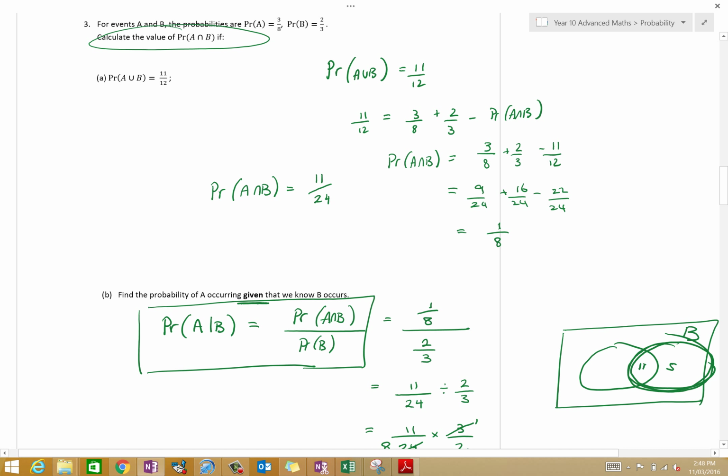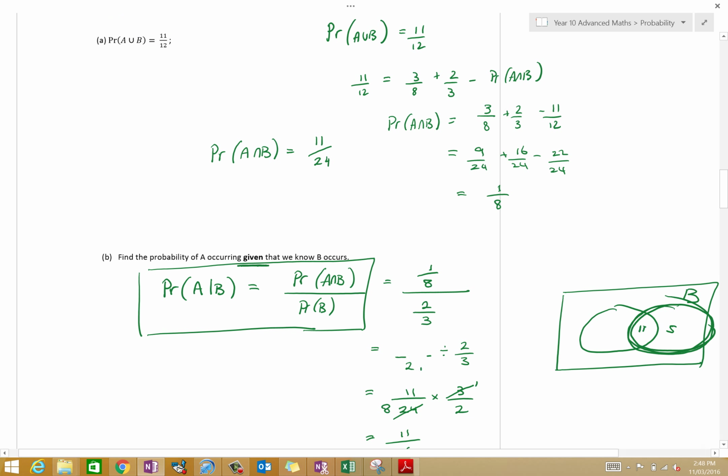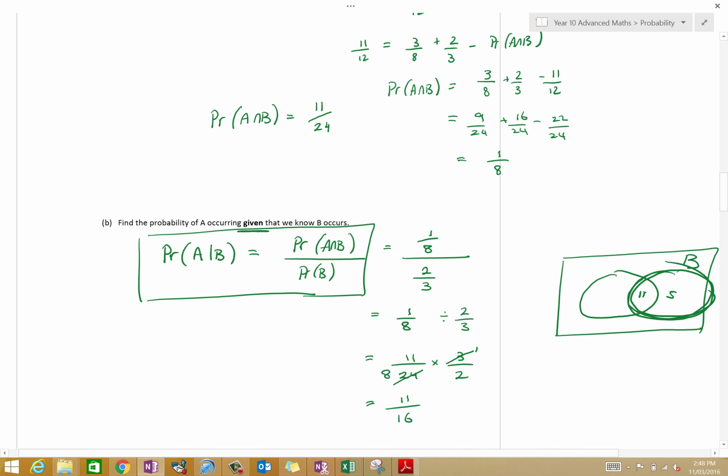Sorry, I just grabbed that from last year's solutions. I didn't work my way through it. So let's do that. That's going to make our life easier. 1/8. And let's do that again, shall we? So we've got 1/8 times 3 over 2. So the answer is 3 over 16, yes? Okay, thanks for raising that.